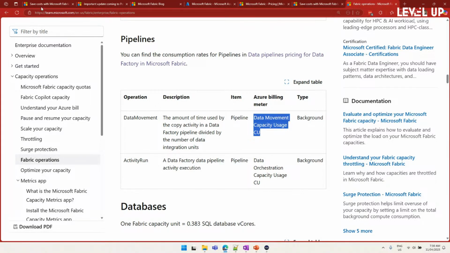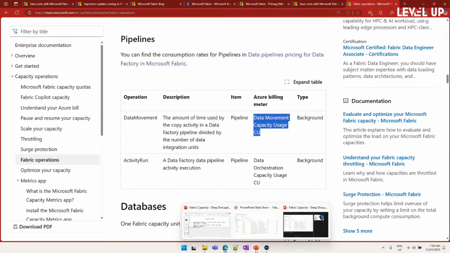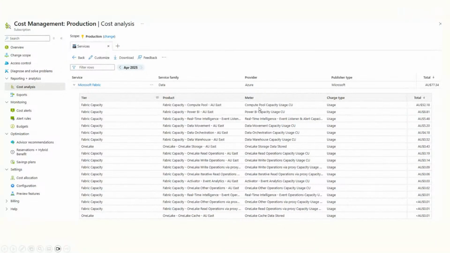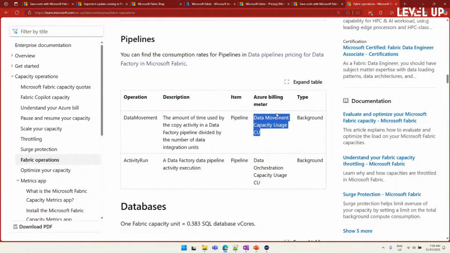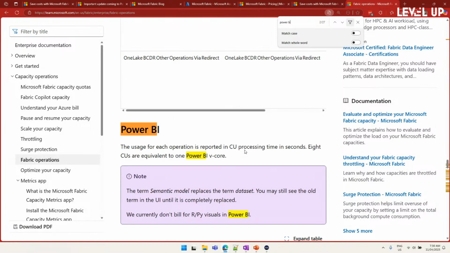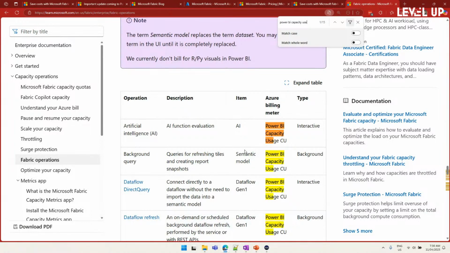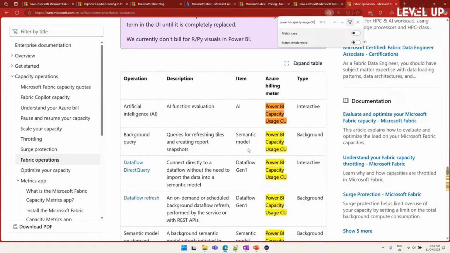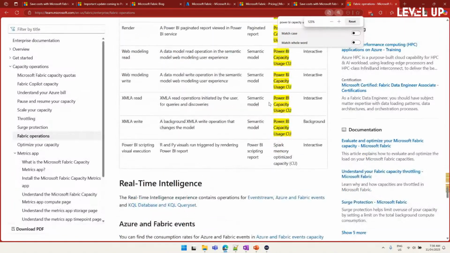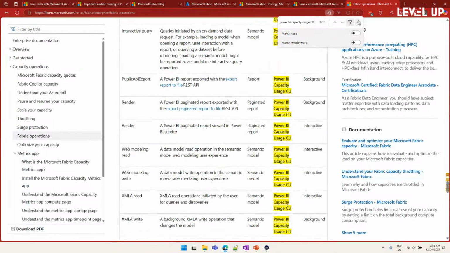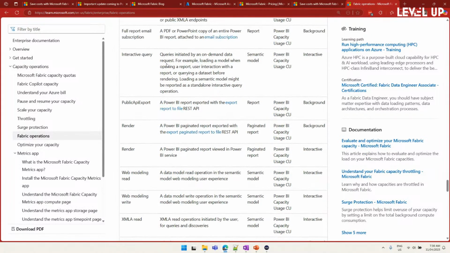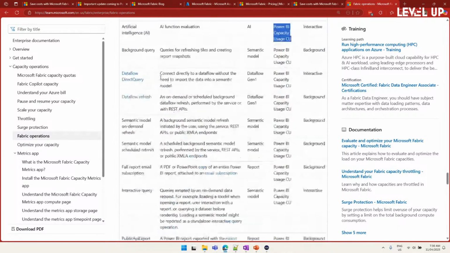As an example, let me go and look at one of the ones I had before. So we had, let's see, Power BI capacity usage CU. There it is. And here you have the different breakdown of how you're using that specific meter within your Fabric capacity.